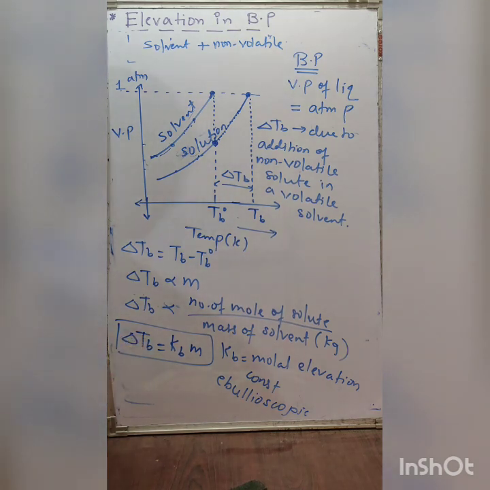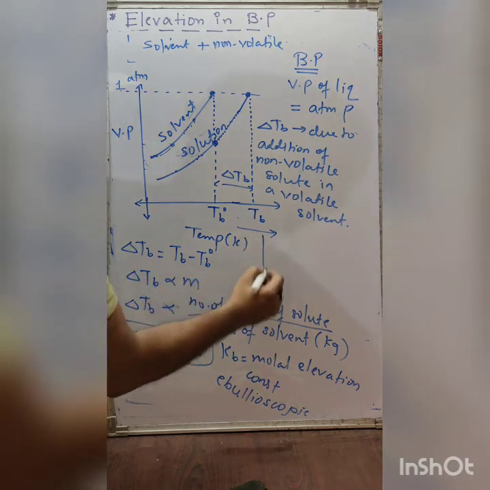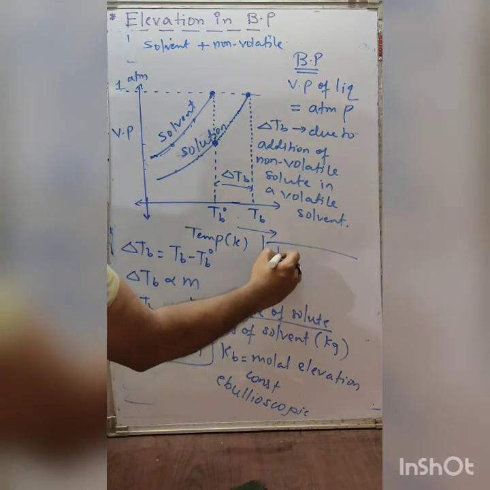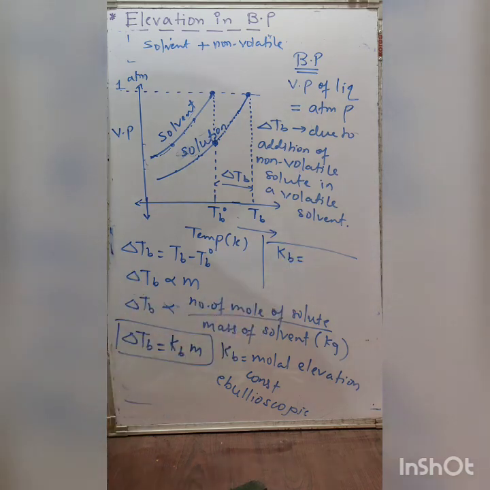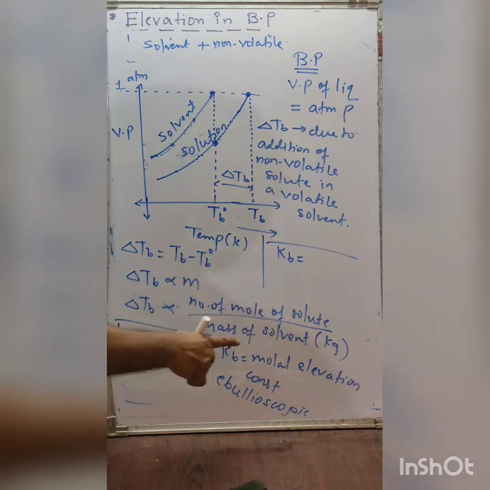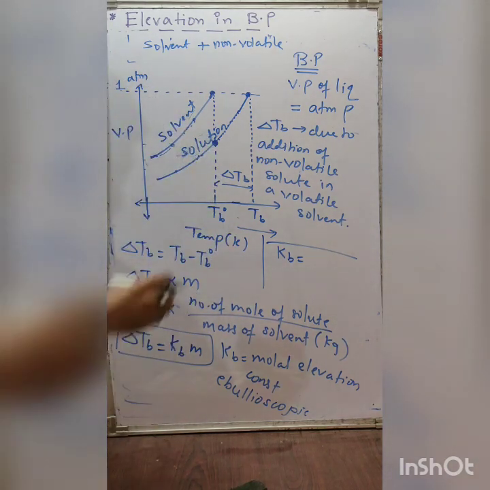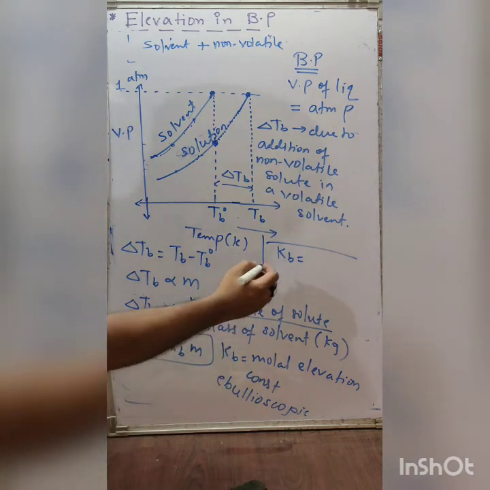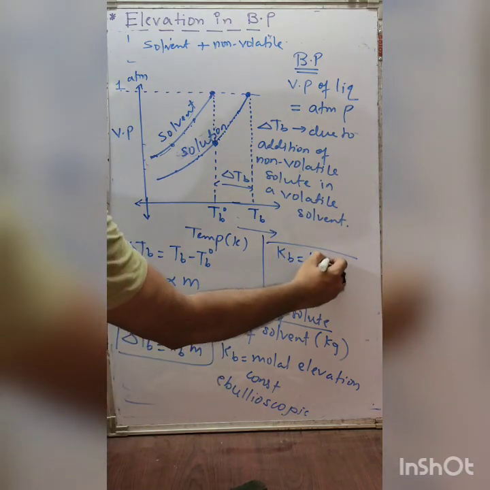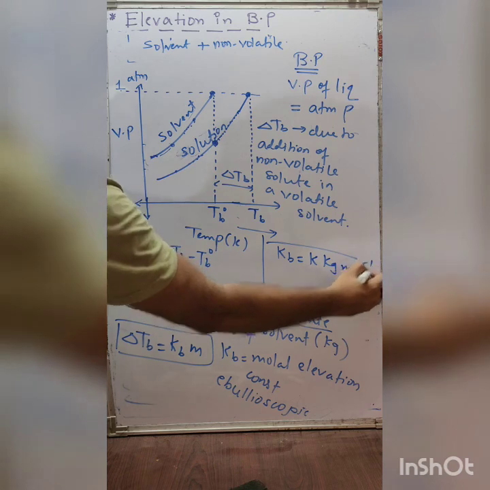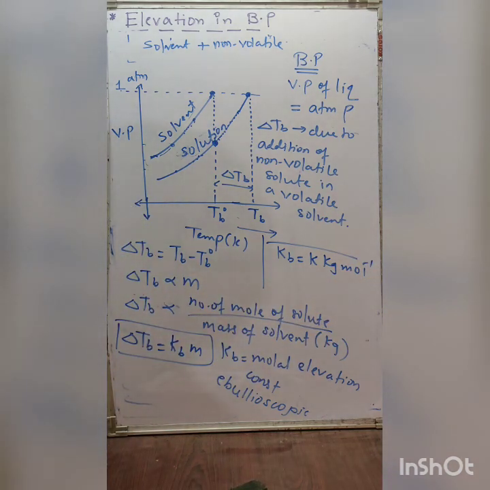Now, if we find out the unit of constant Kb, Kb is called the molar elevation constant for the solvent. It is a fixed value, and it is given in the exam. The unit for Kb is Kelvin kilogram per mole. So here we have completed the second colligative property, that is elevation in boiling point.